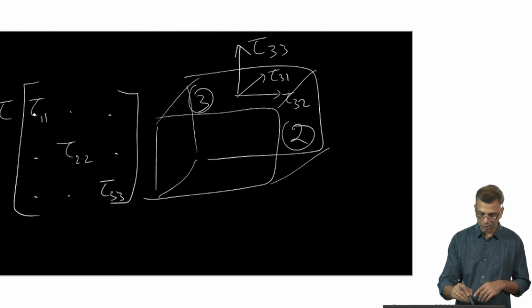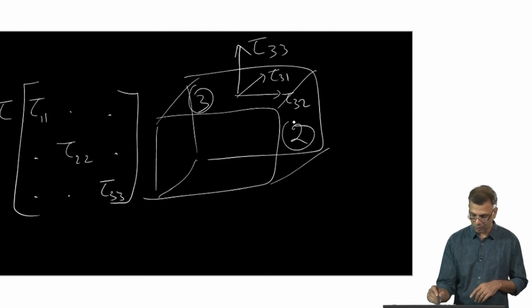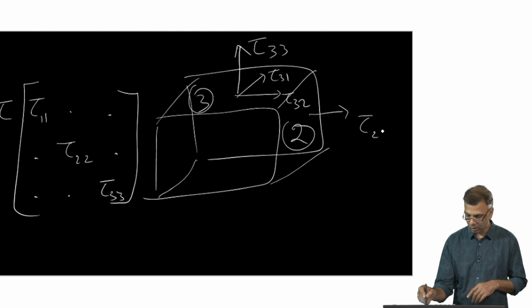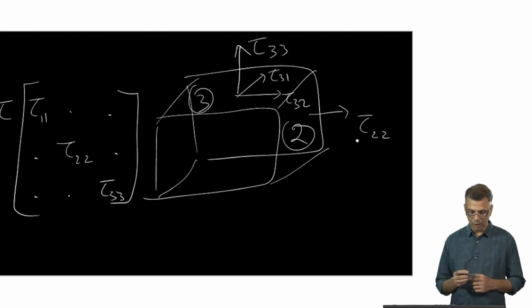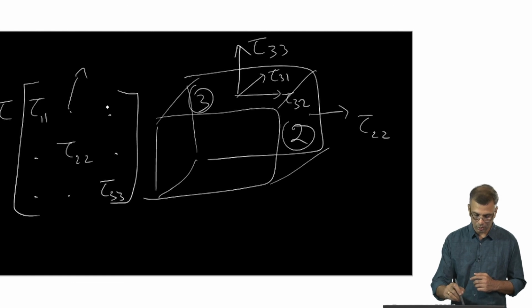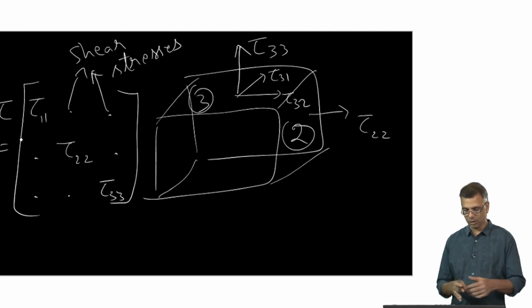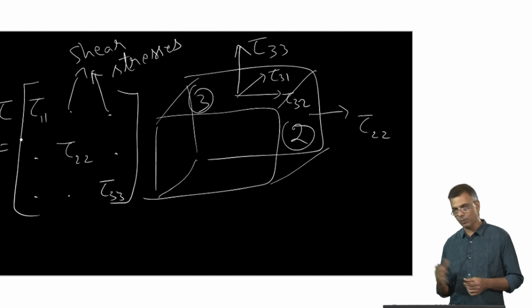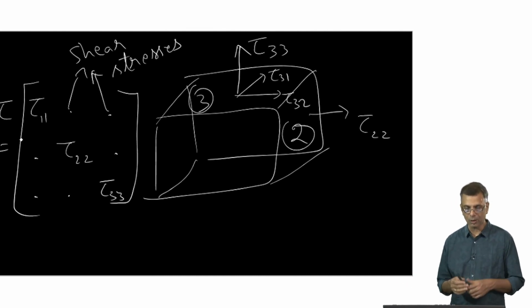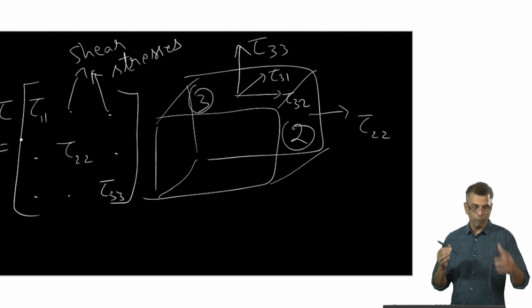The diagonal elements are what you normally think of as pressure, normal pressure, and the off diagonal elements are all shear stresses. This kind of a description will be useful to keep in mind when we study the momentum equation, which is simply F equals ma for the fluid.